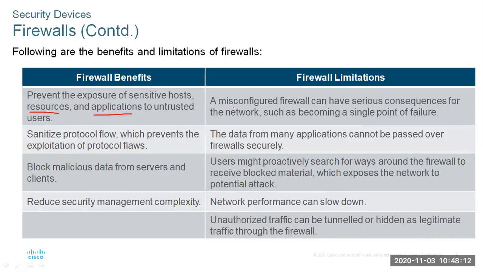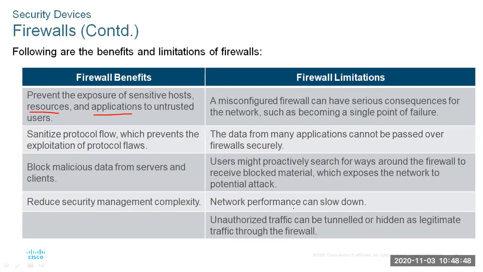What are the limitations? A misconfigured firewall can have serious consequences for the network, such as becoming a single point of failure. Another limitation is that the data from many applications cannot be passed over the firewall securely. Users might also proactively search for ways around the firewall to receive blocked materials, which exposes the network to potential attack.